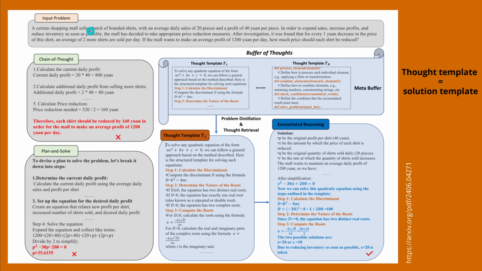So if an LLM is confronted with an input problem and it understands that, I don't know, I have 10,000 thought templates and for this particular problem where I have to solve a quadratic equation, I need thought template number 1, then I'm able to do the reasoning and follow this template to come to the correct conclusion. Now, I personally might think, well, you remember the compute, it's called a Python environment where we have a code LLM.